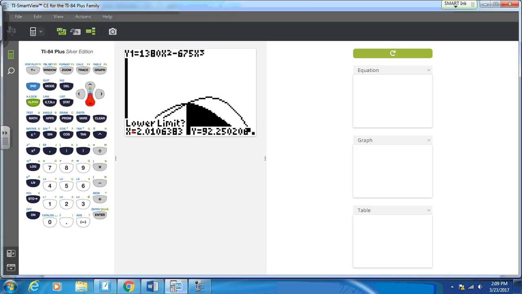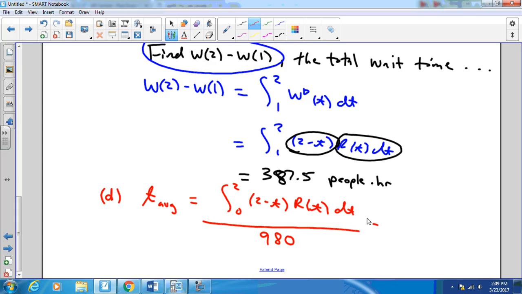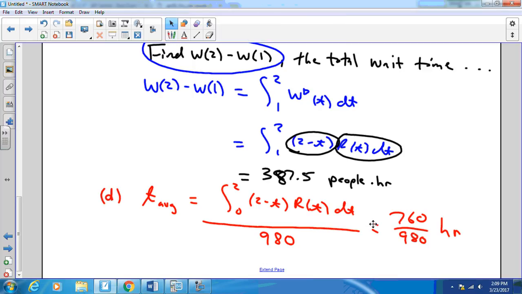And when I go back and integrate W prime, not R, from 0 to 2, then this gives me 760 person hours divided by 980 people, which is an average of 760 over 980 hours. That's what I meant to say. Does this make sense to everybody?